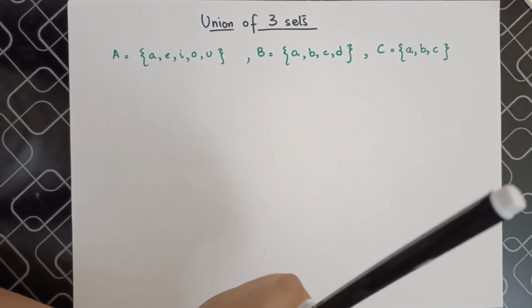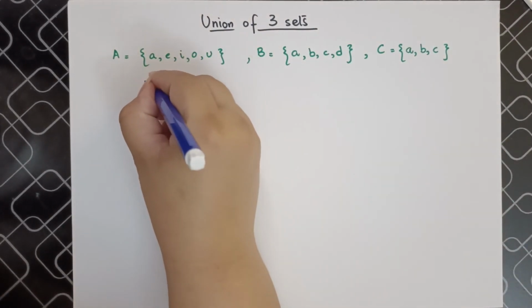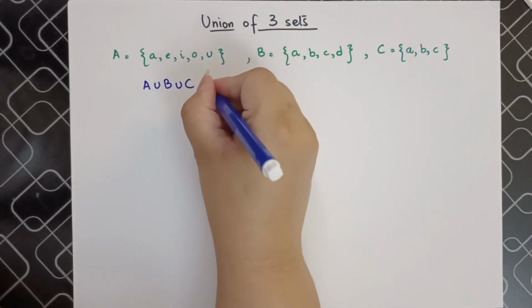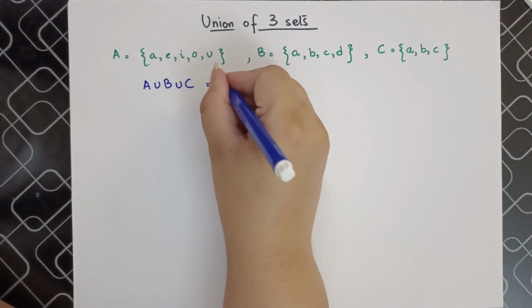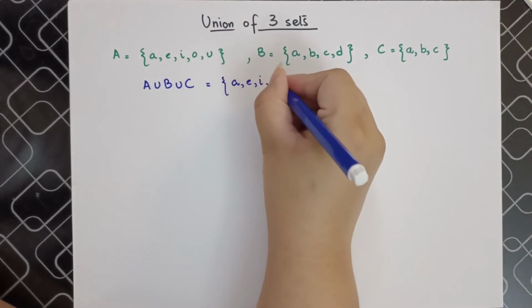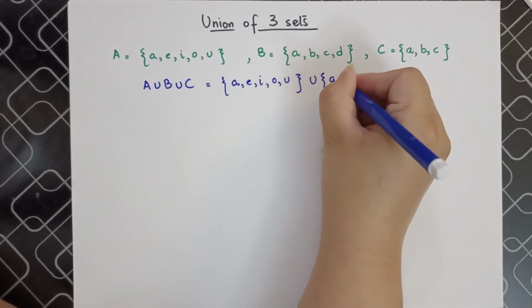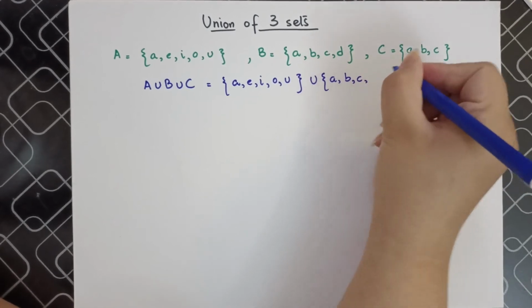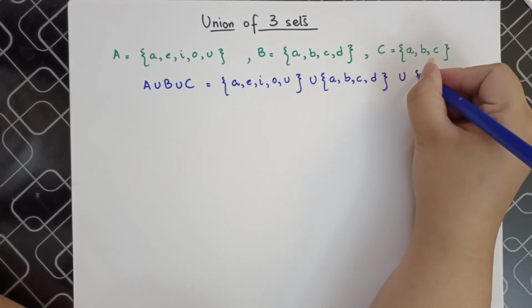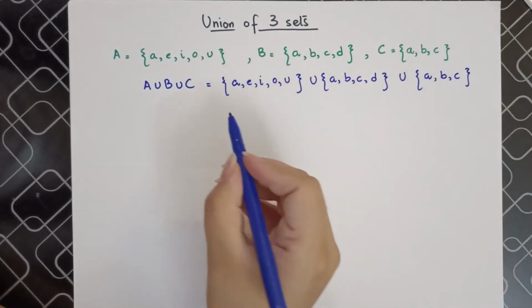So when they ask us to perform A union B union C, how are we going to do it? It's like a, e, i, o, u union a, b, c, d union a, b, c.